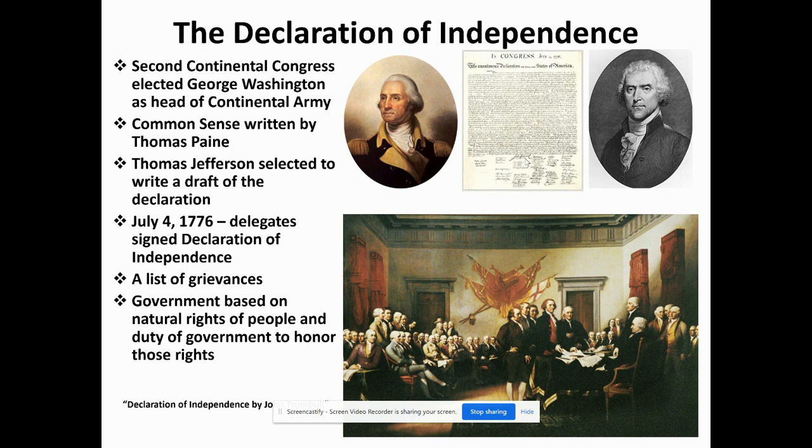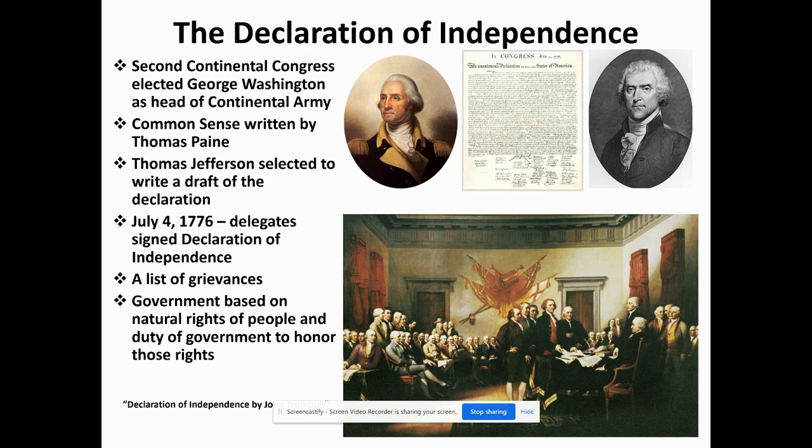Okay? All right, so let's get back to the Declaration. Remember, it's a list of grievances. And now our government is based on natural rights of people, okay, that God gives man rights, that those are rights that every human being has upon birth, that those are natural rights given to every single human being by God. And our duty of government is to honor those rights, right?